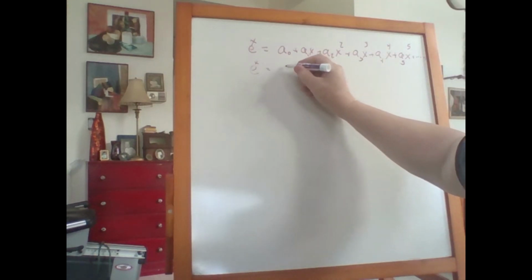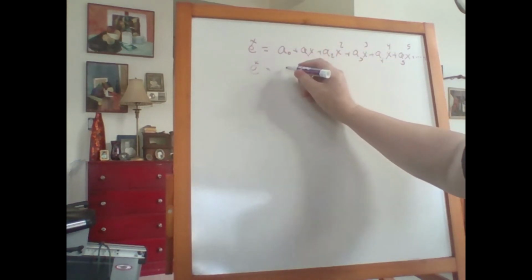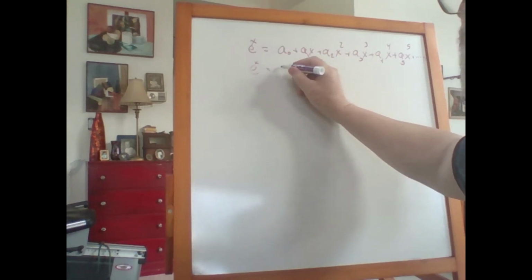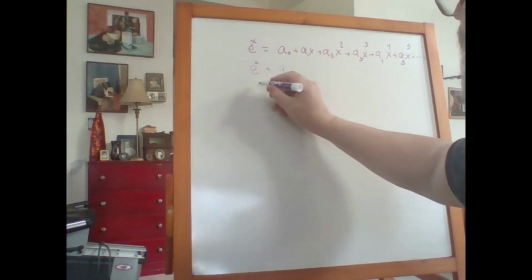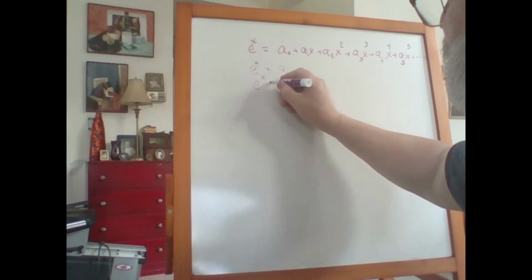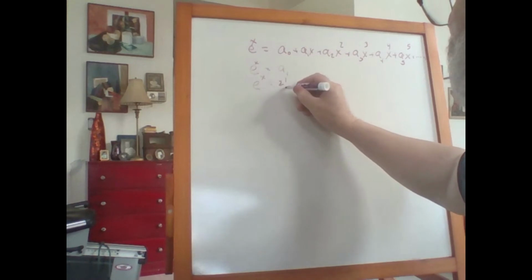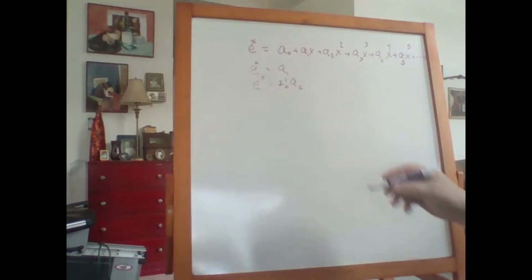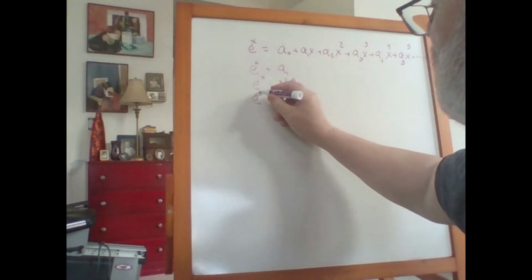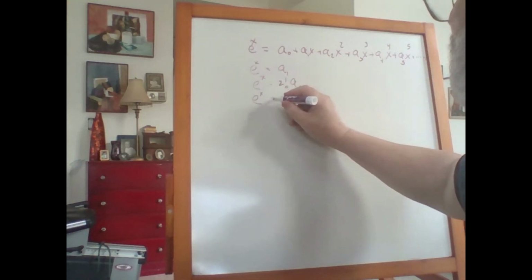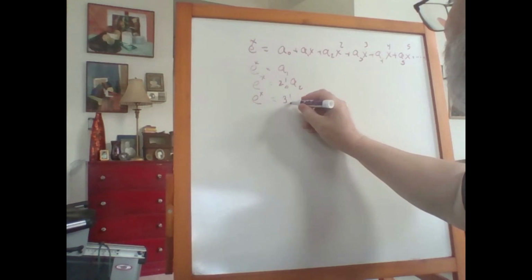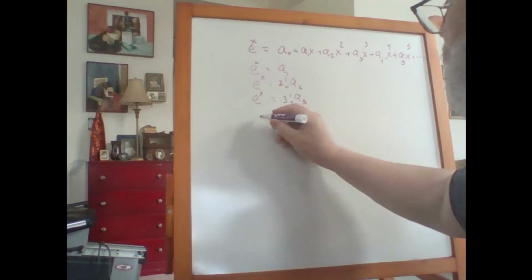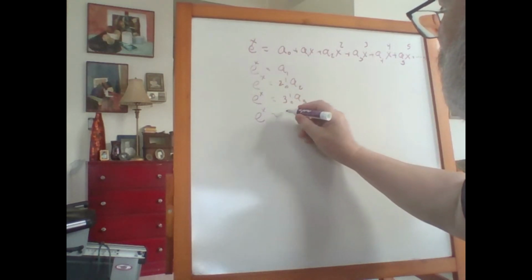And so that's going to be, well, this one is for a naught. So this is a1. E to the x equals 2 factorial a2, a1. E to the x equals 3 factorial a3, e to the x equals 4 factorial a4.